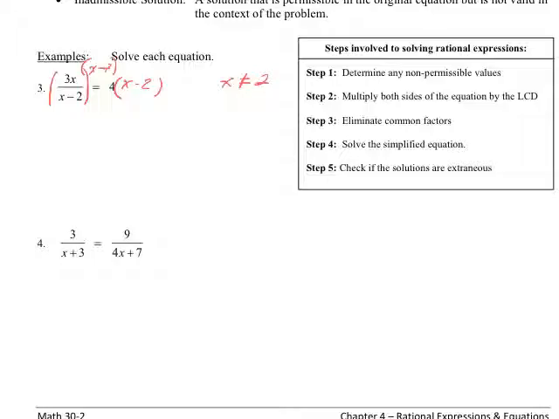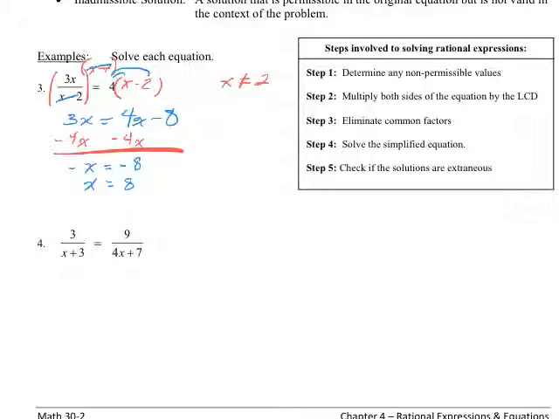What happens when we do this on the left is that the denominators can cancel out, and we'll have 3x equaling 4x minus 8. So I took that 4 and I distributed it into the parentheses. Then I can collect like terms to the same side of the equation, so I'll subtract 4x on both sides, which will give me negative x equals negative 8, which means positive x will have to equal positive 8.